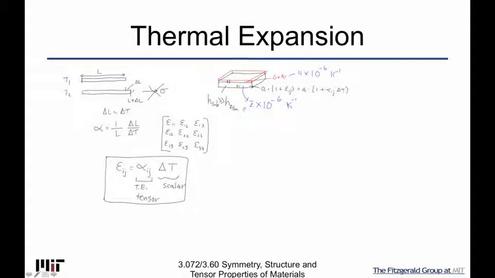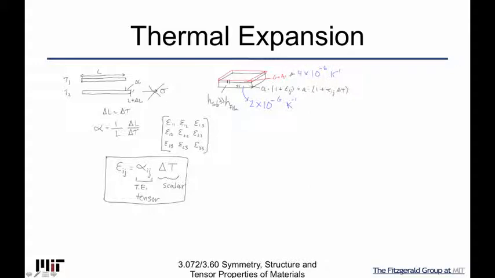So you can tell what's going to happen is, since the silicon controls everything, the gallium arsenide is going to become under tension. That's a little confusing because, wait a minute, I got to think about this, right? But look, it's got a greater alpha. So if it's got a greater alpha, its lattice is going to try to shrink faster for a given change in temperature, right?